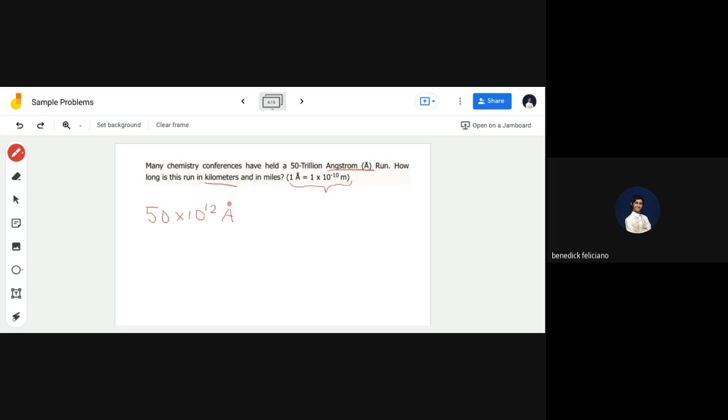You can use the list of prefixes as your reference in this type of problem. As you can see, 50 trillion or 50 times 10 raised to 12 angstrom. First, we need to arrive at the measurement that we want, which is in kilometers.